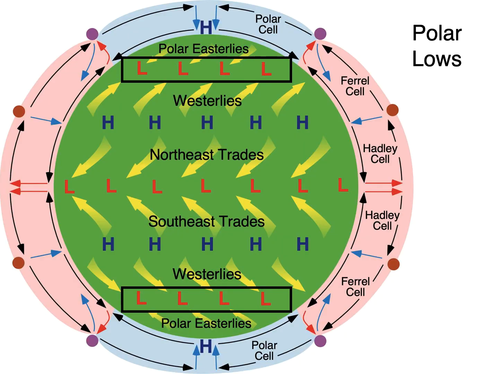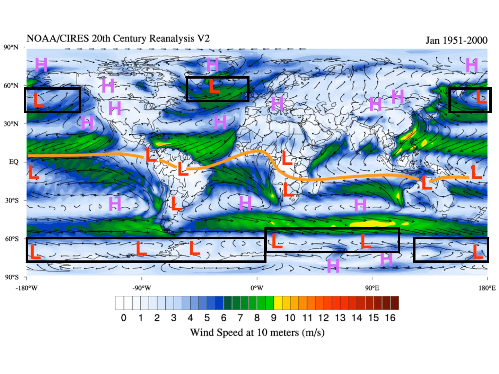So the final thing we want to identify on our actual data is the location of the polar lows. These polar lows, once again, are going to be more continuous in the southern hemisphere because there isn't landmass breaking them up. Less continuous in the northern hemisphere. So here we see January, 50 years of data, average pressure patterns and wind patterns.